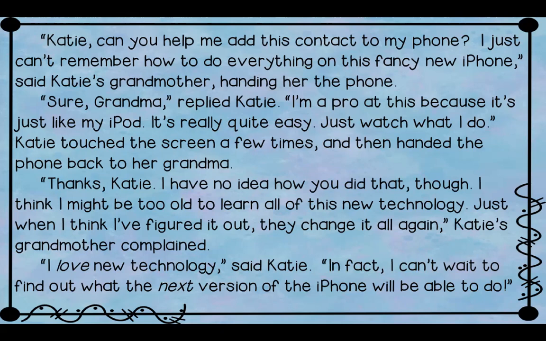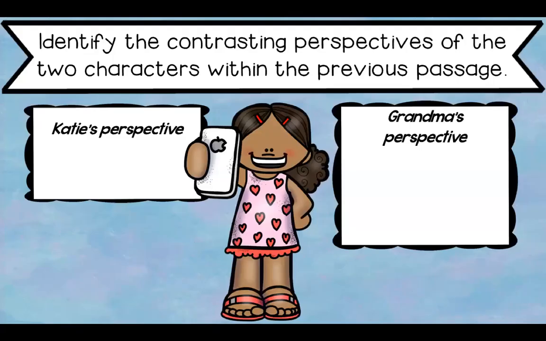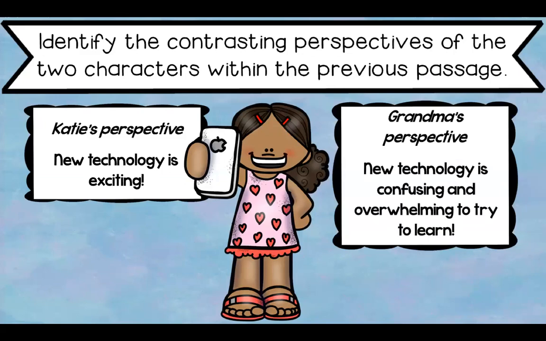So that's something that she says to prove that she does not like technology. Are these perspectives the same or are they different? They are different. So Katie's perspective is that new technology is exciting, and grandma's perspective is that new technology is confusing and overwhelming to try to learn.